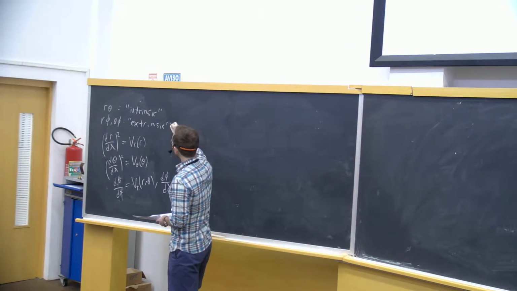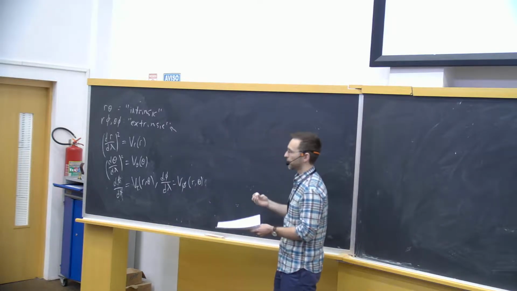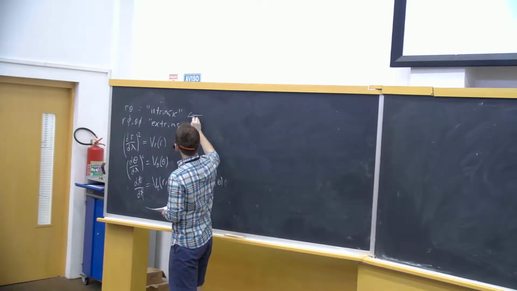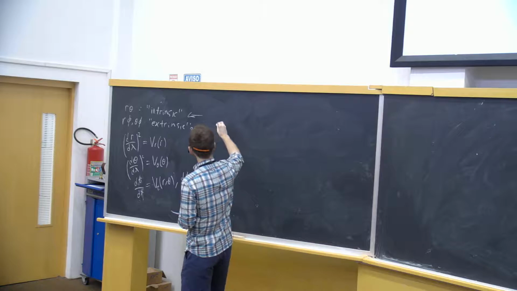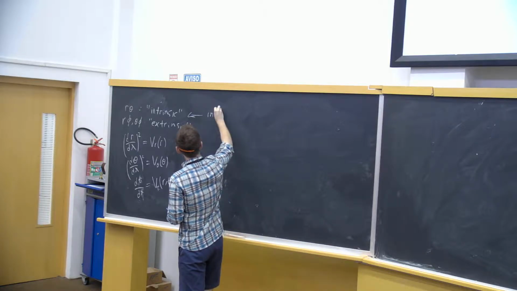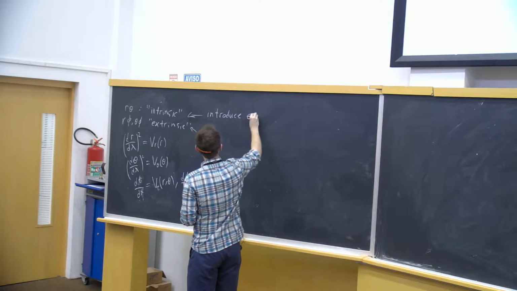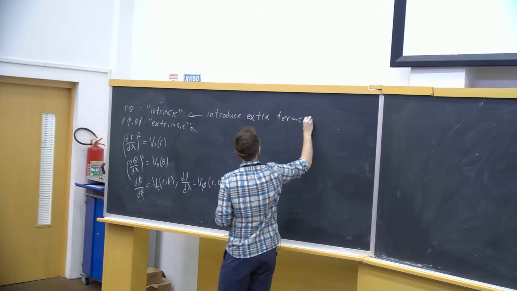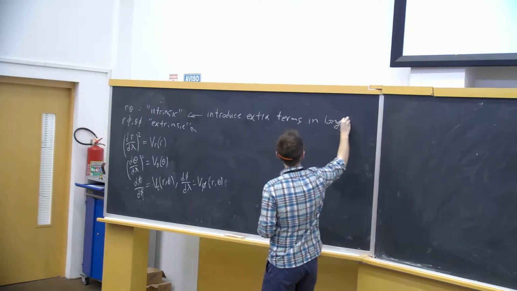And so these ones, the extrinsic resonances, have a very suppressed effect, whereas the intrinsic ones have a very important effect. And what they actually do is introduce extra terms in the long-term evolution of the phase.